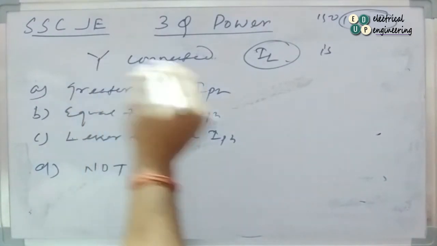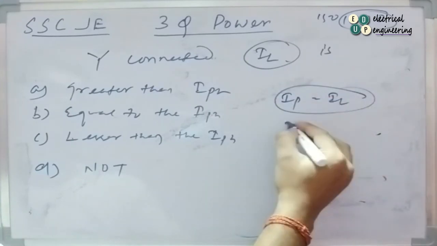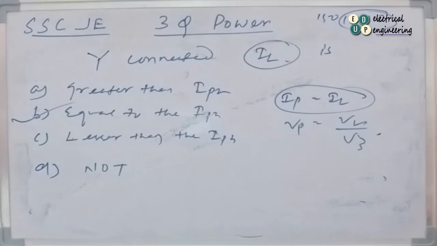So you know it. In star connection, I phase equals IL and V phase equals VL by root 3. So option B. Sometimes you can expect this kind of direct and very easy question in the exams, right? So ask Elite 9.